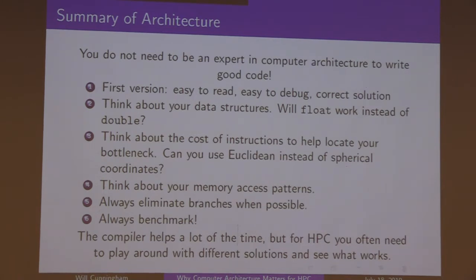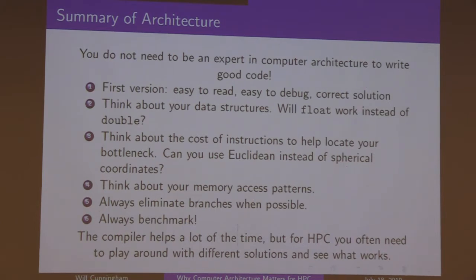And then the second version, that's when you should start doing your tricks. You want to think about your data structures. Can you use float precision instead of double precision? Because that, again, uses half the amount of memory. Think about the cost of your instructions. I showed previously in the table, there's an operation that calculates sine and cosine at the same time, in roughly the same time as it takes to calculate one of them.